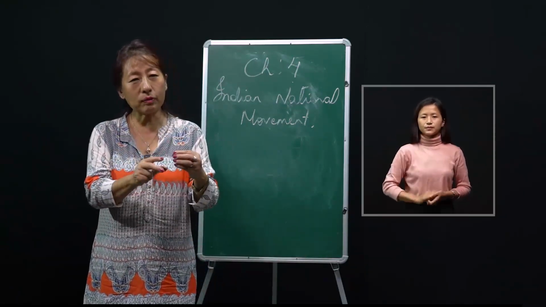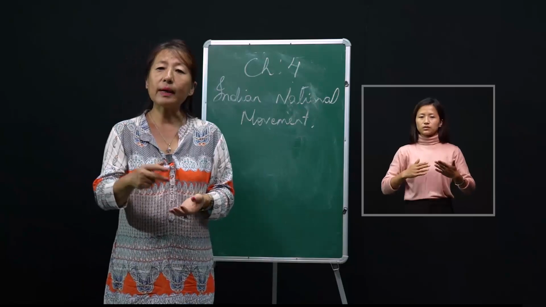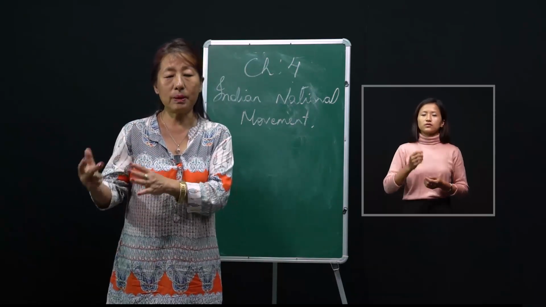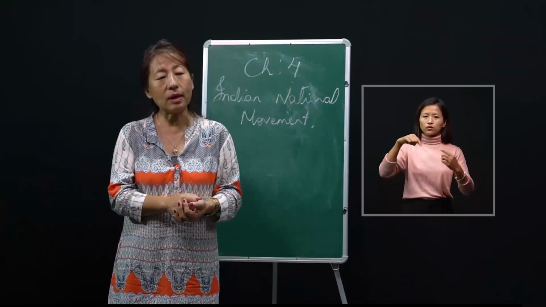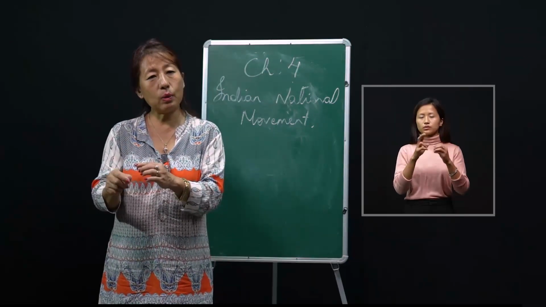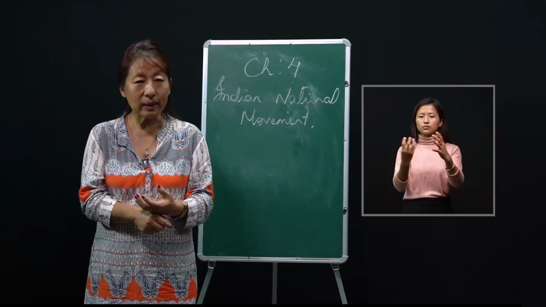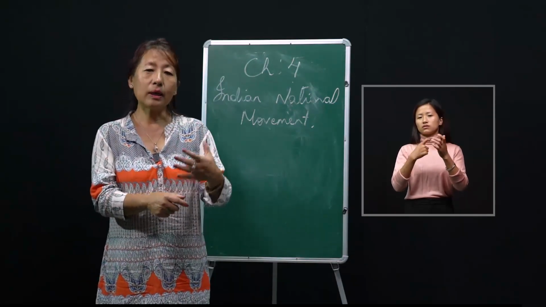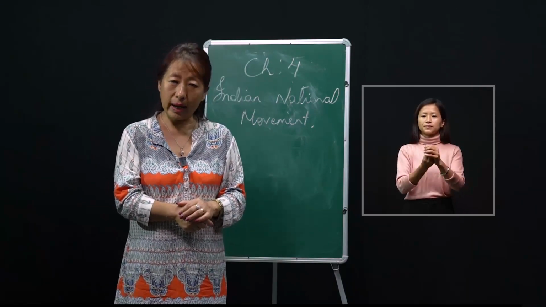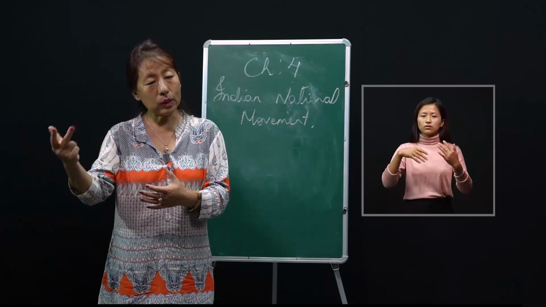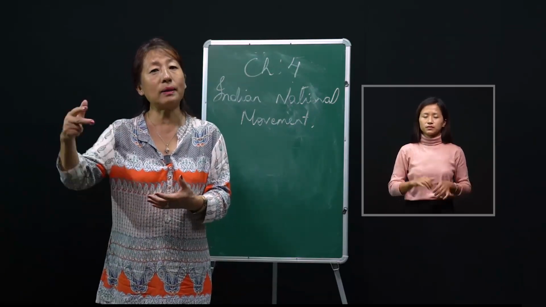And then because of this partition of Bengal, it gave rise to revolutionary movement. People started revolting against the Britishers, and there we have discussed one particular group which is called the Ghadar Party. This Ghadar Party was formed by the NRIs, those Indians who don't stay in India but stay abroad.